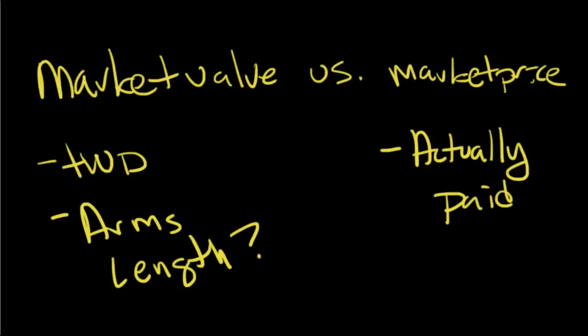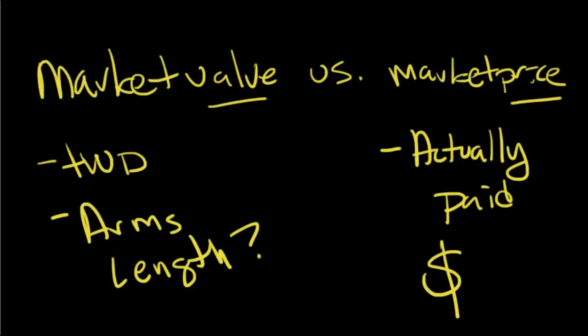So that's market value. As a real estate agent, you're going to be looking at market value and market price. And of course, sellers are just going to say, what am I going to get for my house? Stop with this market value jive. What's the difference, really?